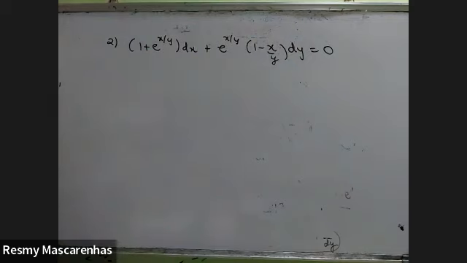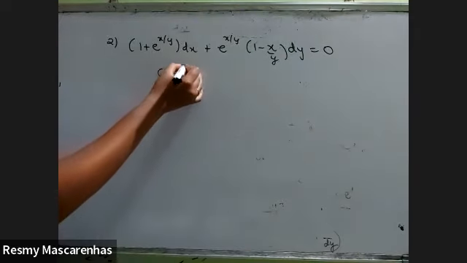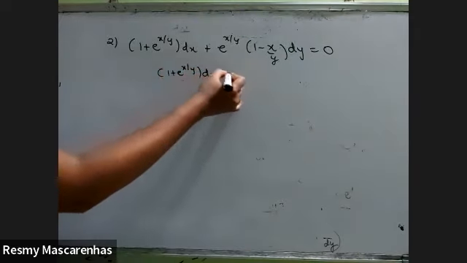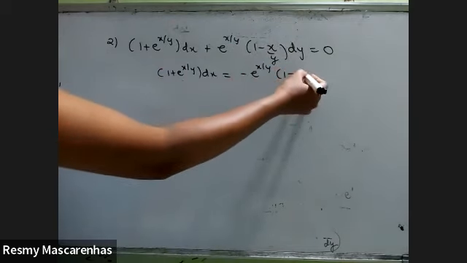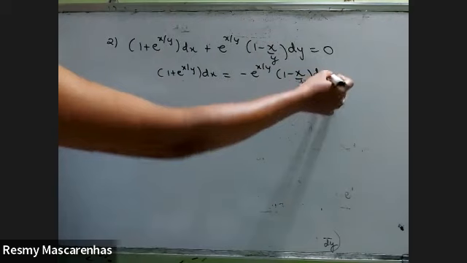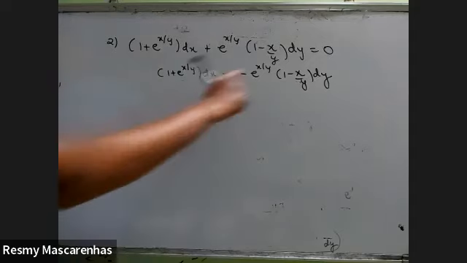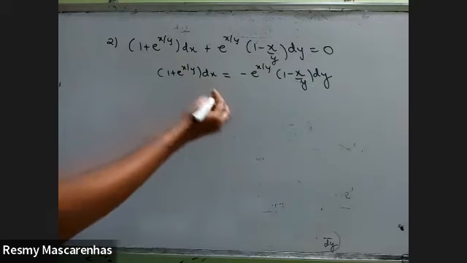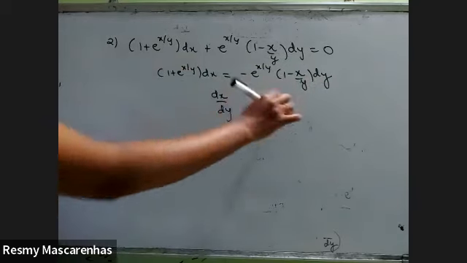This is the second one. So quickly we'll take the terms on the other side. 1 plus e raised to x upon y dx is equal to minus e raised to x upon y. Now we have to arrange it in the dx upon dy form because this is x upon y. So dx upon dy, so rest terms will go on the other side.